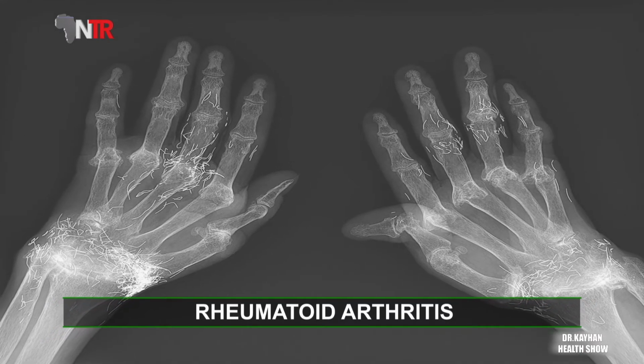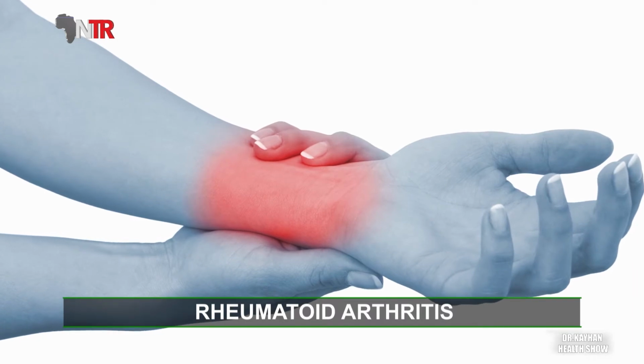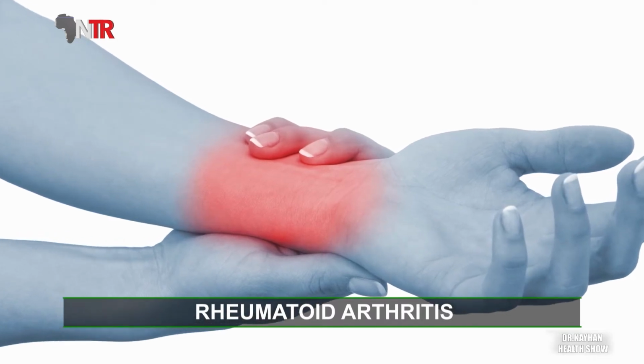The pattern of joint involvement is typically polyarticular and symmetric, involving the proximal interphalangeal, metacarpophalangeal, wrist, elbow, shoulder, knee, ankle, and metatarsophalangeal joints. Distal interphalangeal joints of the fingers are usually spared.